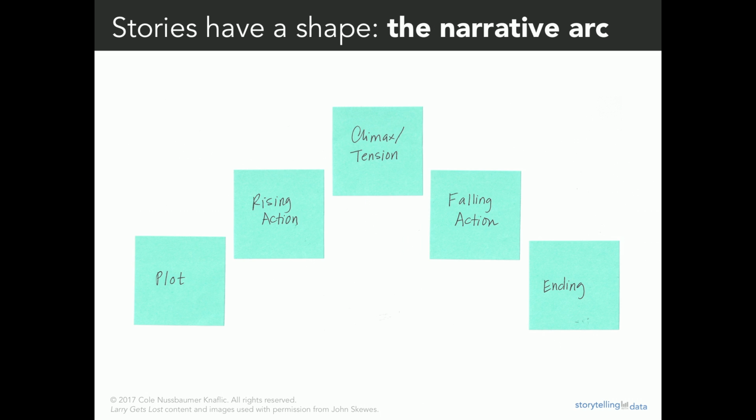Versus if we shift this and we think of it as a story with components of story, right? We have a plot, we have a rising action, we have climax, falling action, this ending. All of the same components that we talked about with Pete and Larry. Right? They start off on their way to Seattle. They get separated. There's this building tension reaching a point of climax when they wonder if they'll ever find each other again.